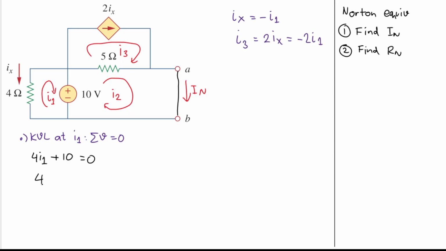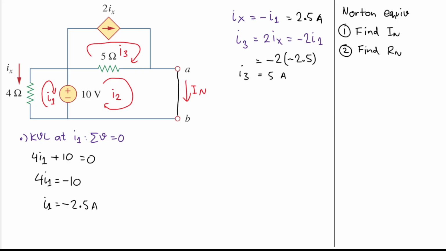So 4I1 equals minus 10, and I1 is minus 2.5 ampere. That means Ix is 2.5 ampere, and I3, which is minus 2 multiplied by minus 2.5, is 5 ampere.